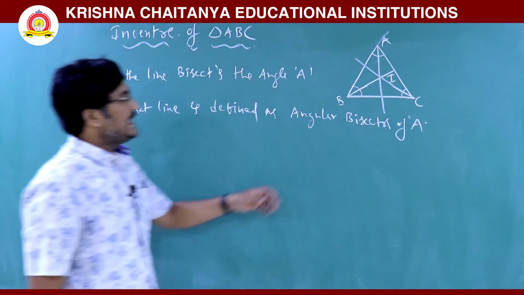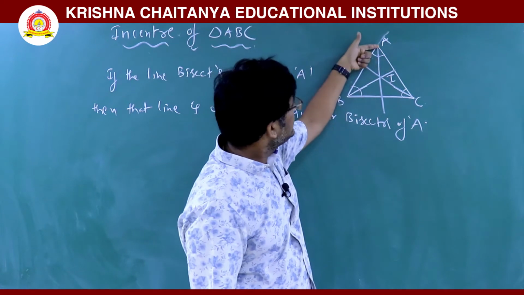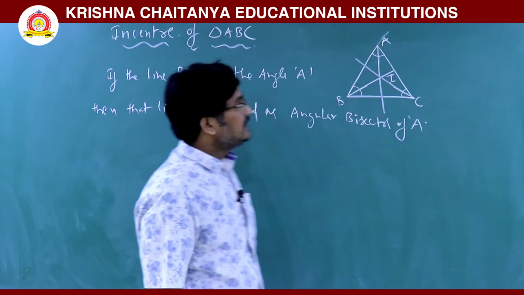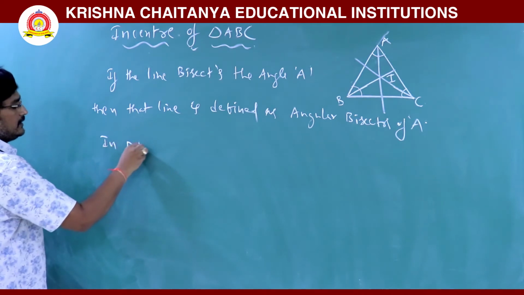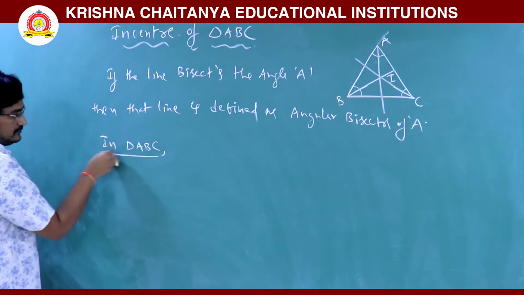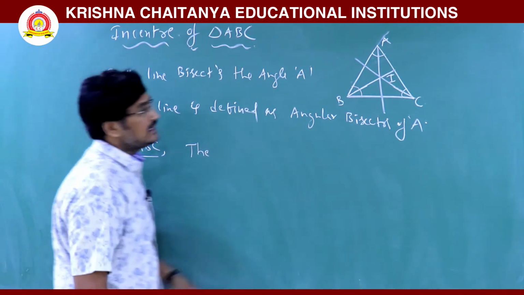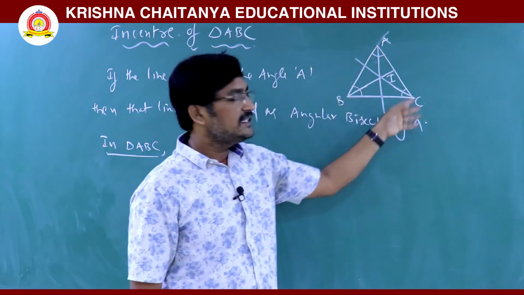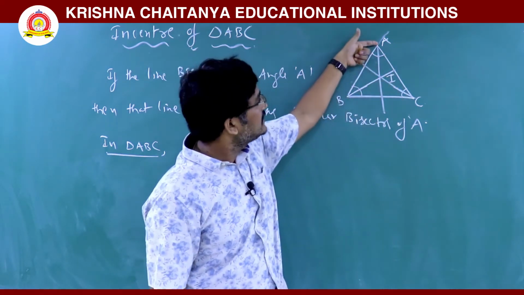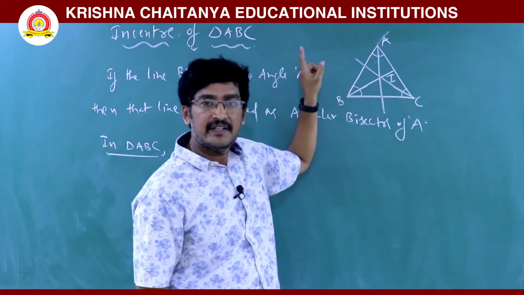For the triangle ABC, this is the internal angular bisector of A. In triangle ABC, the point of concurrency of how many internal angular bisectors is here? 3, because the triangle has 3 vertices. So this is the angular bisector through this vertex, this is the angular bisector through this vertex, and this is the angular bisector through this vertex.